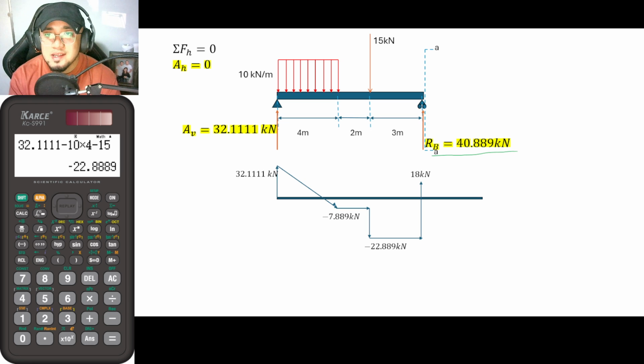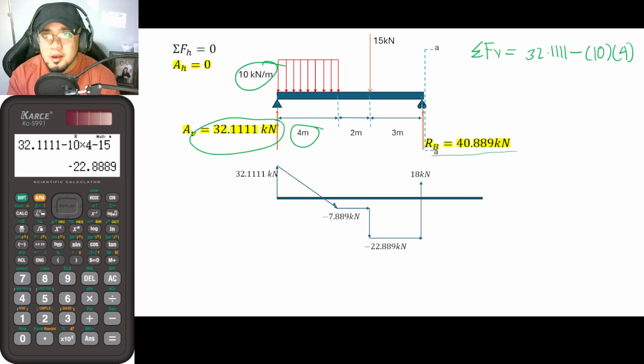So from that, guys, summation of forces vertical once again, this is now equal to, so again, from left to right, so that is 32.1111 kilonewtons minus 10 times 4 minus 15. What else? We now have this 40.8889. And since it is acting vertically upwards, this must be plus 40.8889.